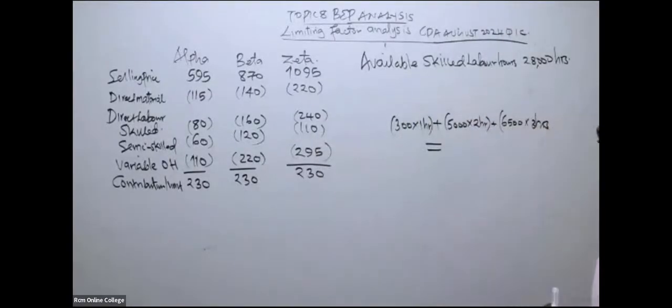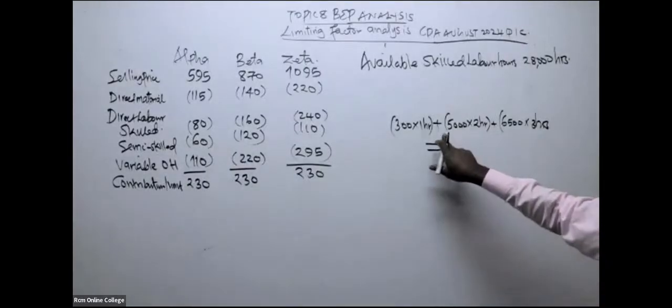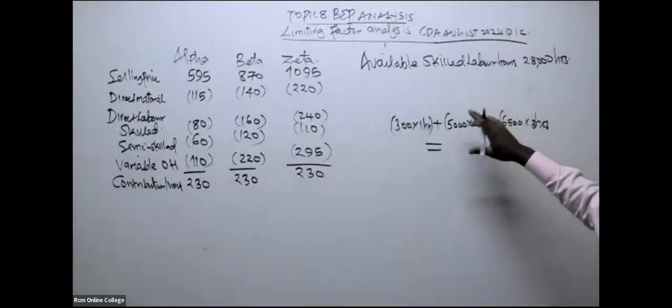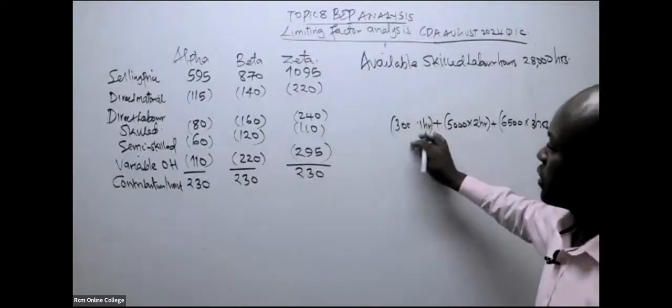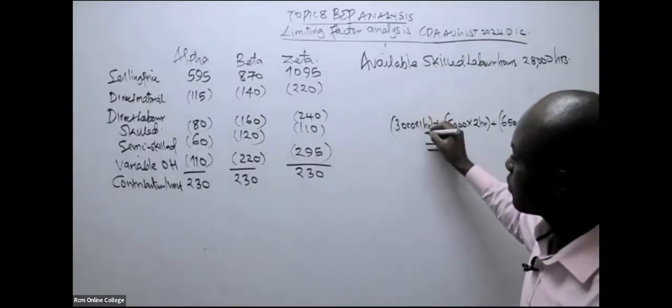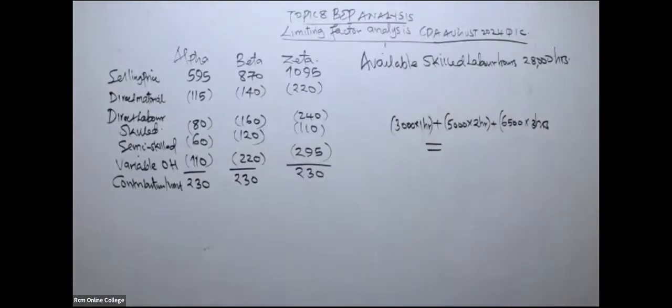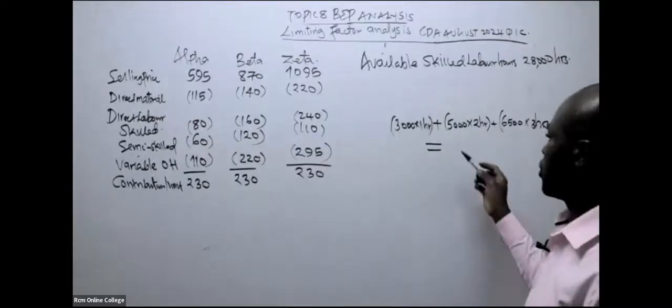What will be the total skilled labor hours? If you are to fulfill this demand, this is the maximum demand. So 3,000 units of alpha by 1 hour, plus 5,000 units by 2 hours, plus 6,500 by 3 hours. What will be the total labor hours? You will be in need of what?